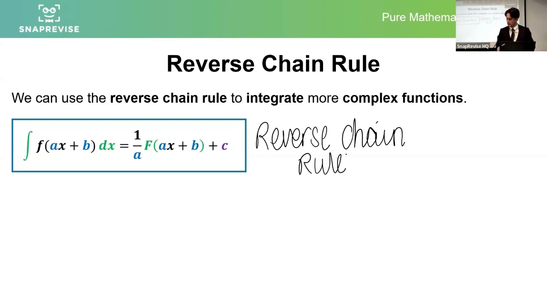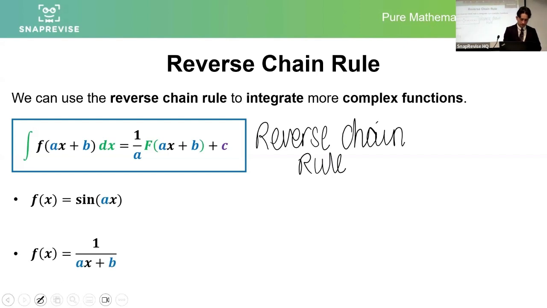Let's have a look. If we're asked, for example, to integrate sin(ax), then we've got to be really careful. Let's give these a try. If I wanted to integrate sin(ax), the first thing I would say is, well, I know how to integrate sine.